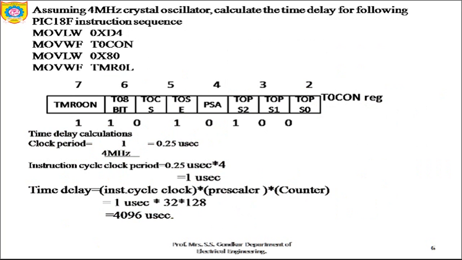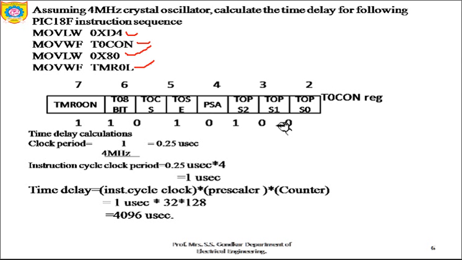Coming to the next one, assuming a 4 megahertz crystal oscillator, calculate the time delay for the following PIC 18F instruction sequence. You have this set of instructions: MOVLW 0xD4, MOVWF T0CON, MOVLW 0x80, MOVWF TMR0L, and this is the timer register, an 8-bit timer register, and these are the values which are given, setting and disabling of the bits.